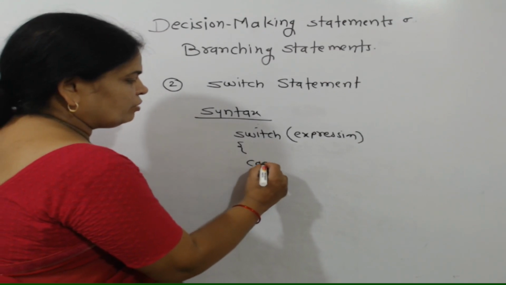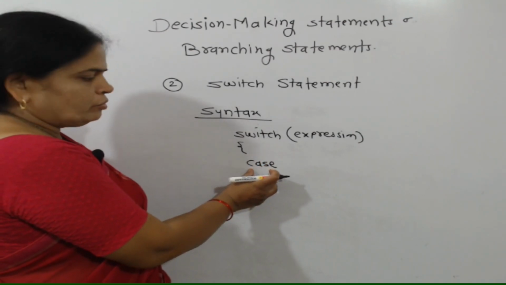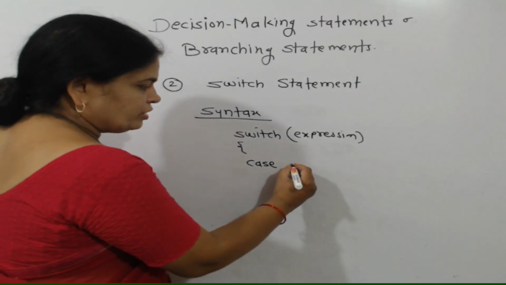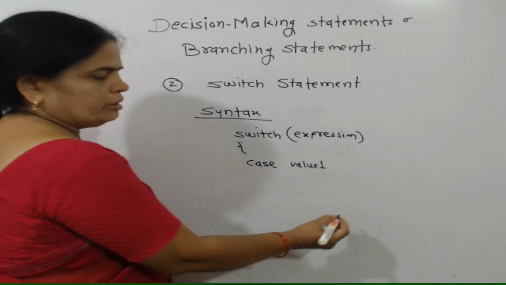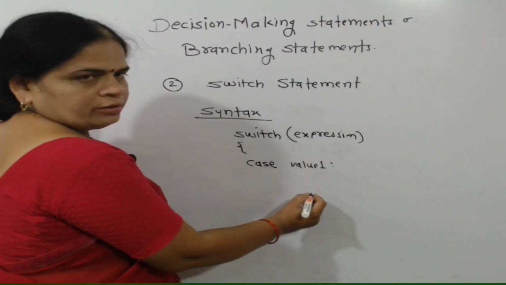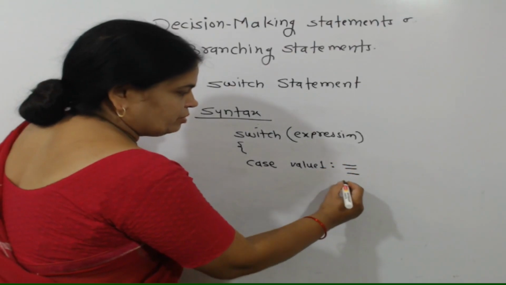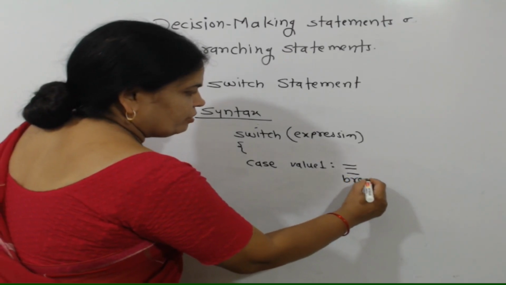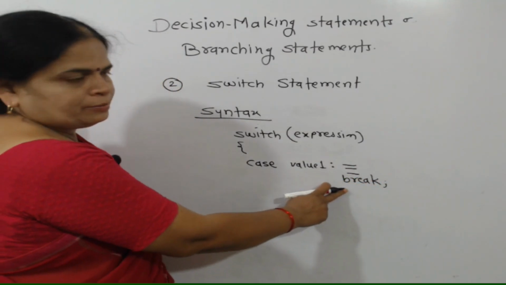Then a keyword is there, which is case. After that a value will be there, so value 1. Then a colon, then a statement block or number of statements. After that there will be a keyword which is called break.